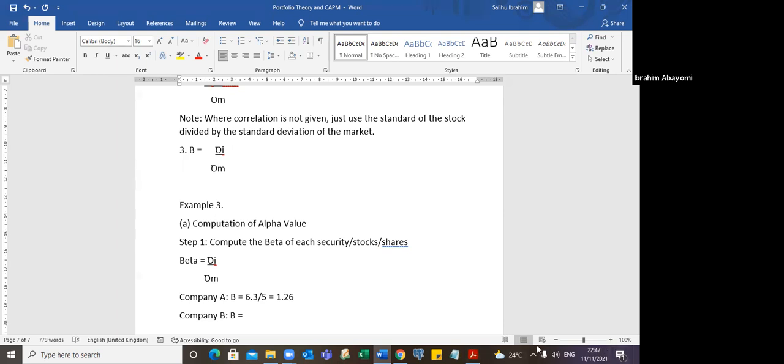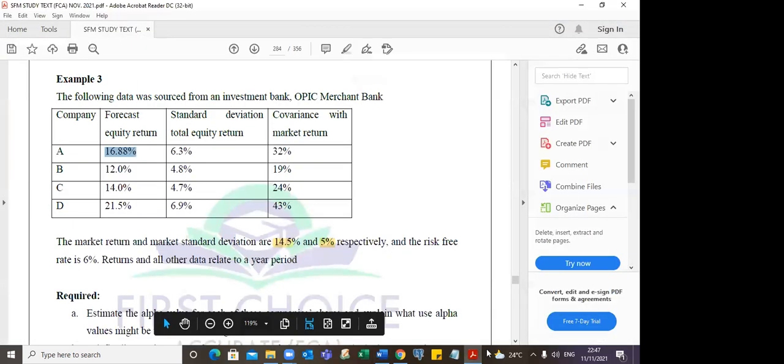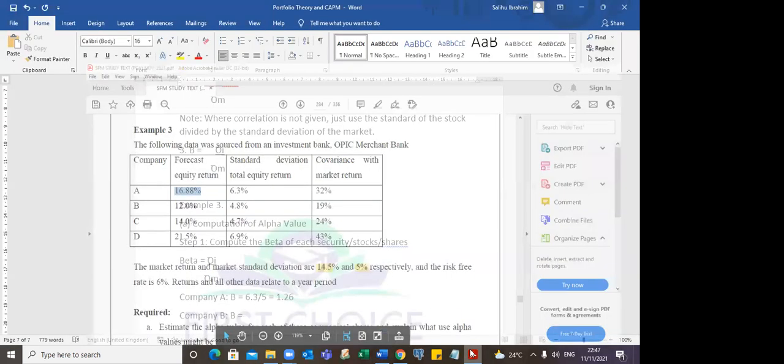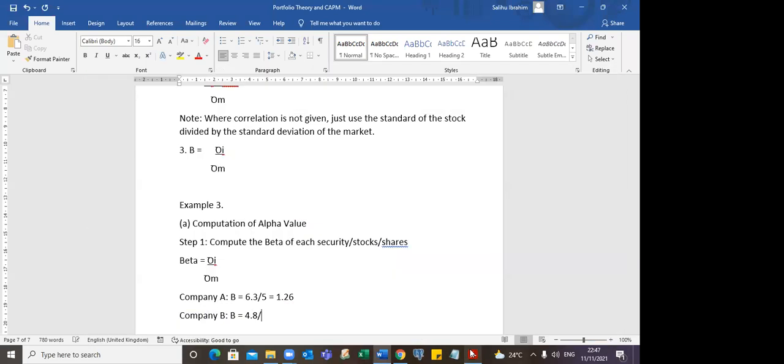What is the standard deviation of B? 4.8. 4.8 over 5. What is that giving us? 0.96.